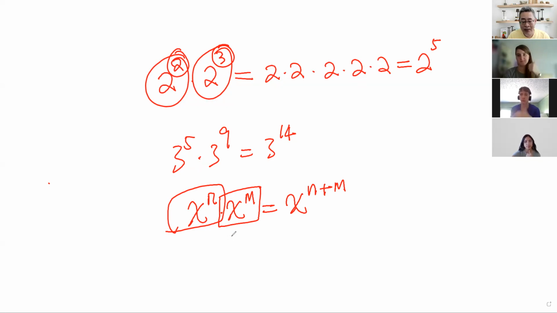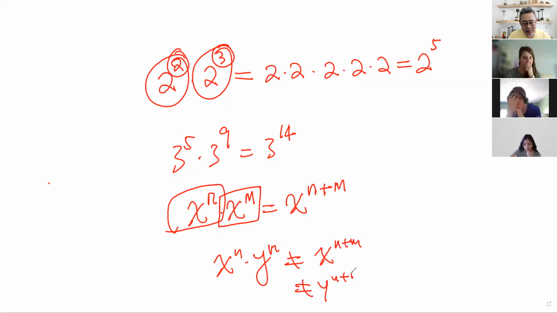Now the key here is the base has to be the same. Otherwise, like x to the n times y to the m, that's not equal to x to the n plus m, not equal to y to the n plus m, and definitely not equal to x times y to the n plus m, because those have different bases.